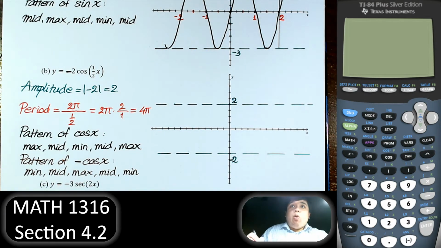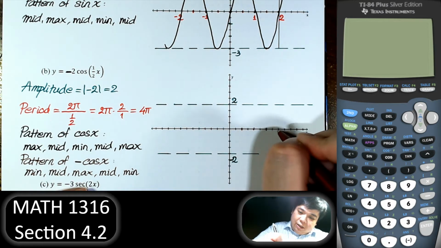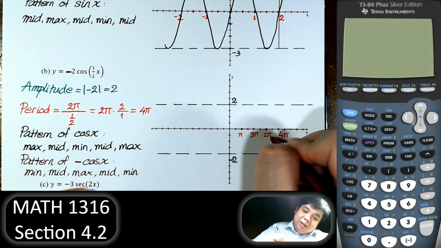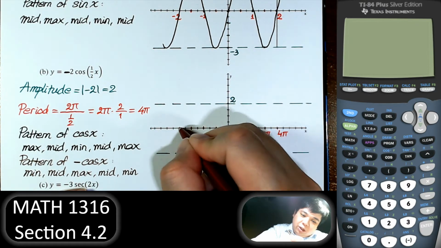The period is 4 pi, so pi, 2 pi, 3 pi, 1, 2, 3, 4.